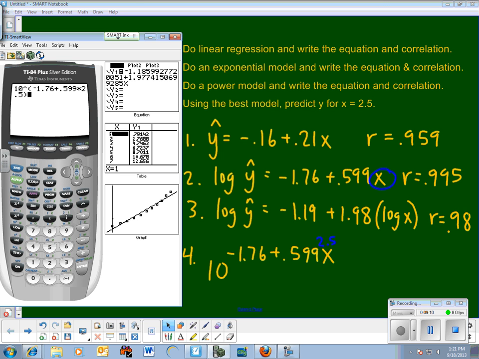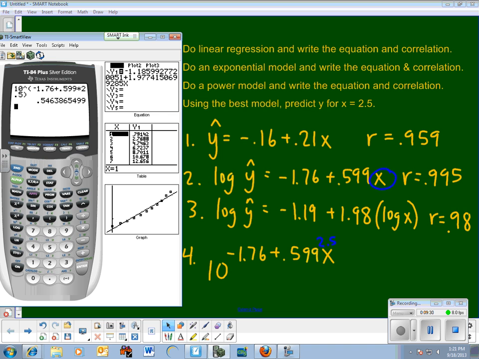And remember, this is a model. This is for prediction, what's going to happen at 2.5. We'll read in the next section about extrapolating and all the cautions you need to take when you do something like this. But this is our best of our 3, our best model. We get 0.546 as our prediction.